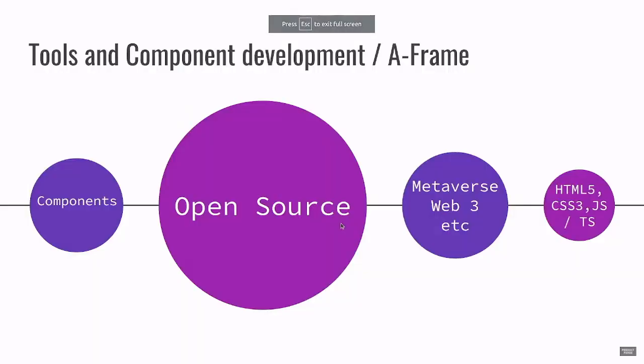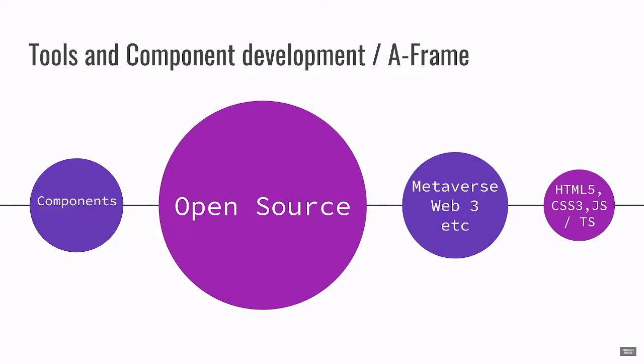So yeah, A-Frame's been around for a while. It's easy to get the grips of in terms of building for VR on the web. So in the last year and a half, I've just been developing open source tools for using it, open source components, basically.